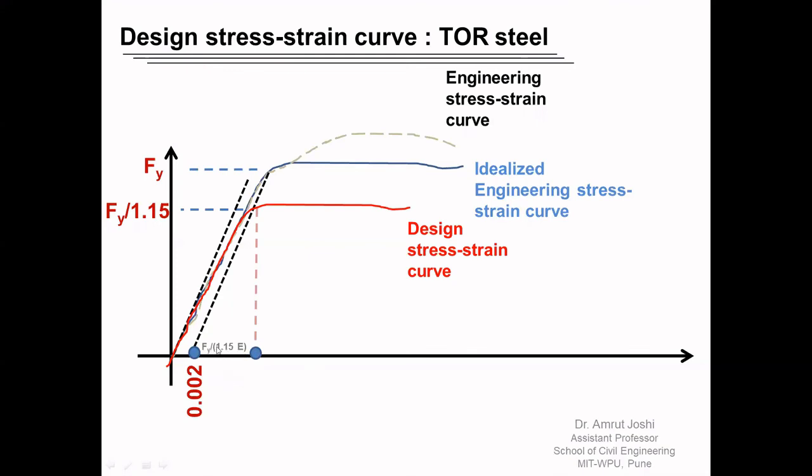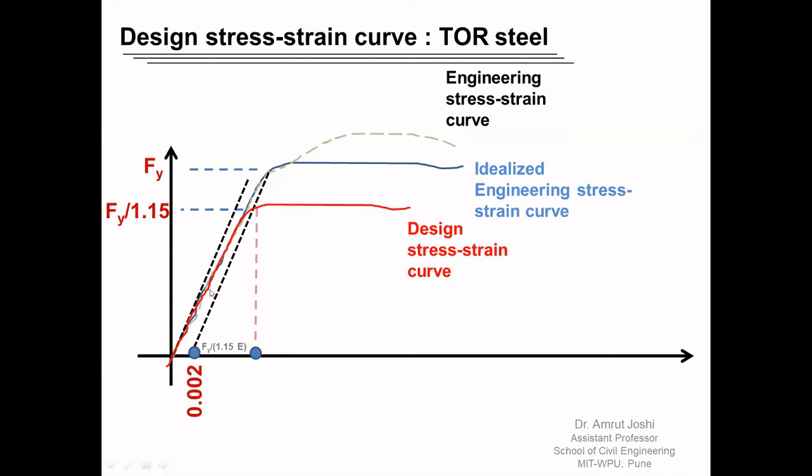If we apply the definition of slope, this black dotted line is parallel to the initial tangent drawn to this stress strain curve. So it is going to have the slope of 200 GPa, which is equal to the modulus of elasticity of steel.